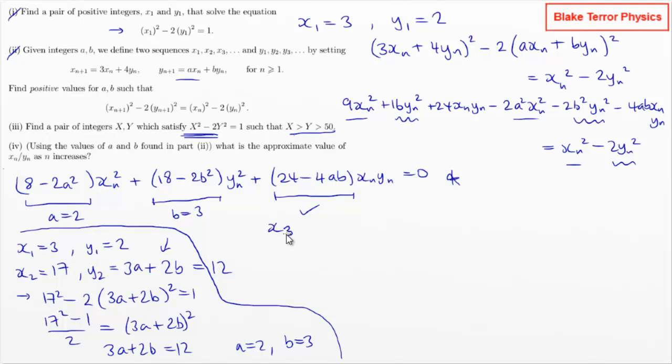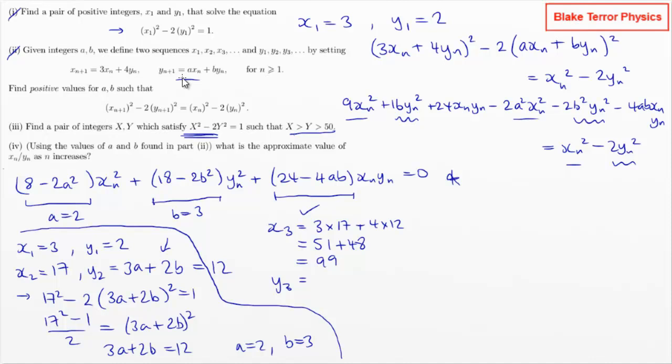So x3 is going to be equal to 3x2, so 3 times 17 plus 4 times 12. Right, so that is 51 plus 48, which is 99. So that's in our range. So I'm assuming that y3 is going to be between 99 and 50. So y3, a is 2, I keep picking up the wrong numbers on these.